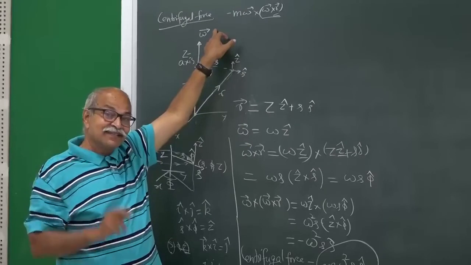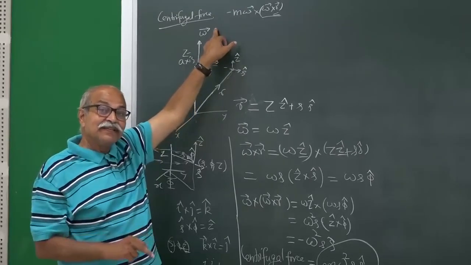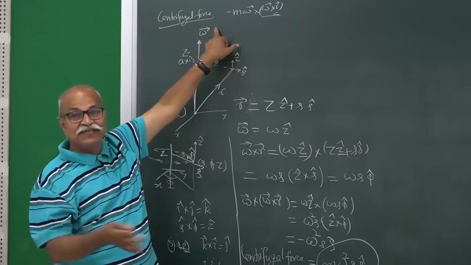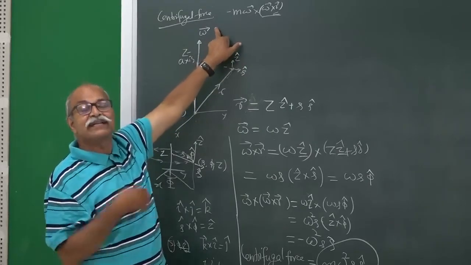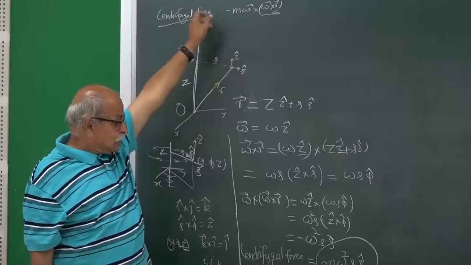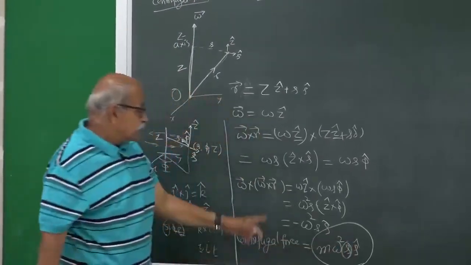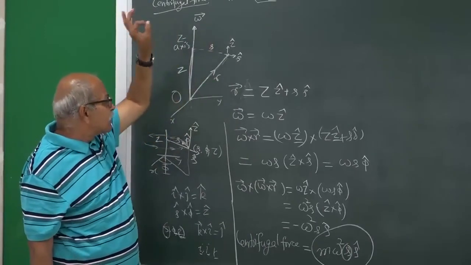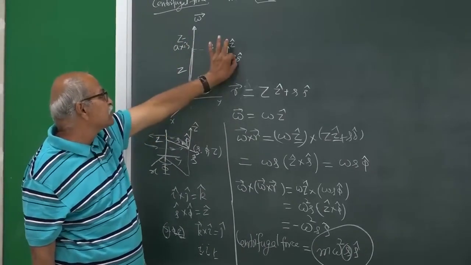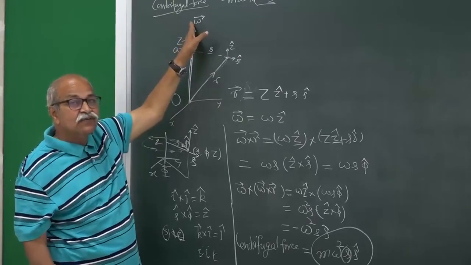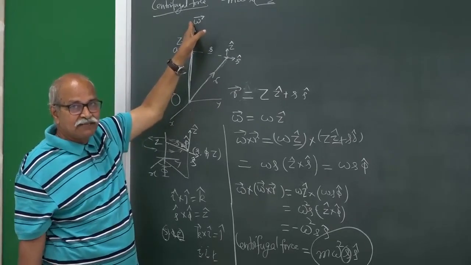Remember, axis of rotation of the frame, not axis of rotation of the particle. Particle is not going in circle, need not go in circle. Okay. So, this s is the perpendicular distance of the current position of the particle from the axis of rotation of the frame which you are using to describe the motion.